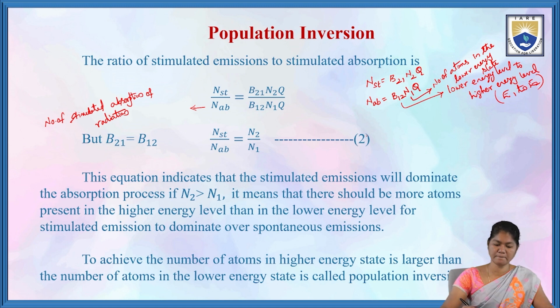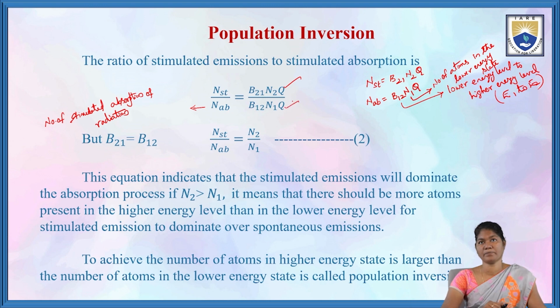Taking the ratio, NST by NAB is equal to B21 N2 Q by B12 N1 Q, because the stimulated emission of radiation depends upon the incident photon density, and the number of stimulated absorptions also depends upon the incident photon density.